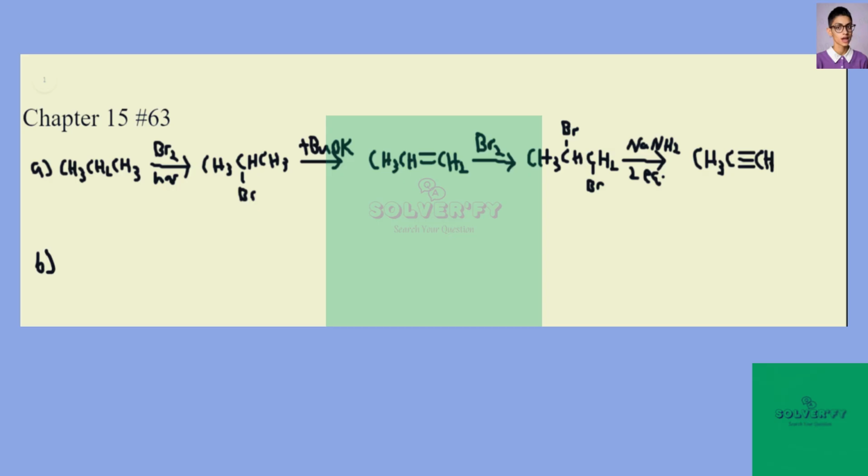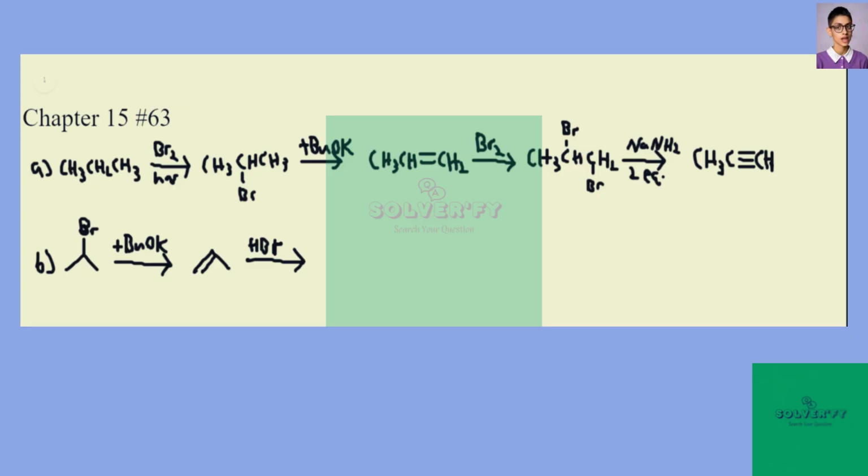So then for B, we are told to start from this molecule. So we already have bromine in here, so that's good. We have some functionality that we can work with. And so we'll start with potassium tert butoxide, and that will get us to our alkene. And then to get to our final product, we can use HBr under radical conditions.